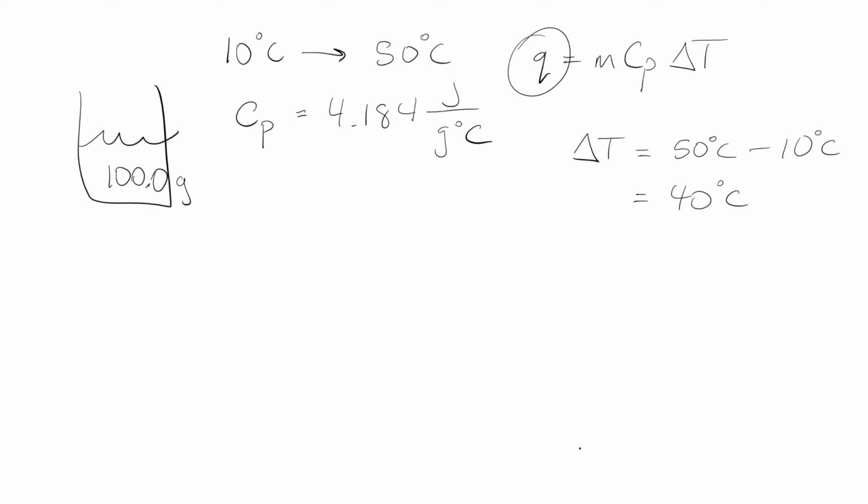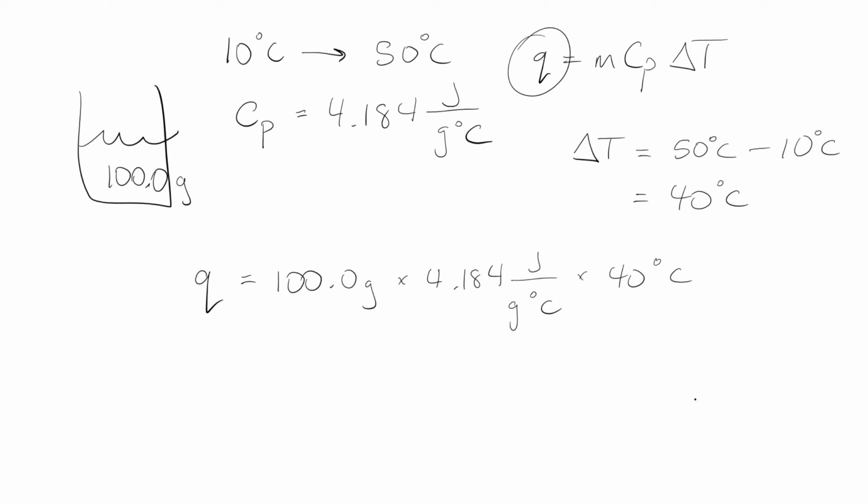So let's plug in these values. Q is equal to 100.0 grams times 4.184 joules per gram degree Celsius times 40 degrees Celsius.